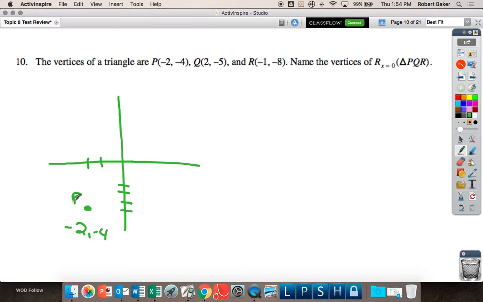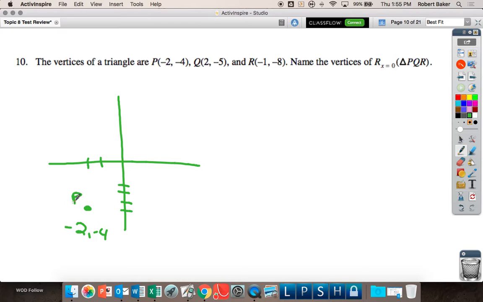It says if you reflect P across the line x equals 0, what is P's new coordinate? Where is P prime? Which one is the line x equals 0?